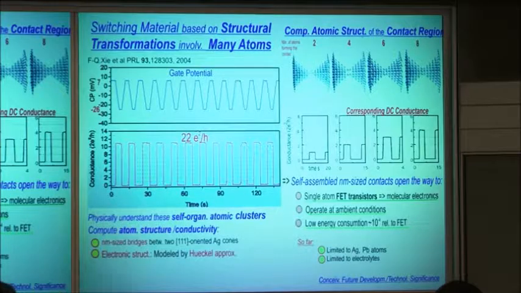Now, in order to understand that a little bit better, what we have done is we have computed the atomic structure of this channel in the gap between the two electrodes, assuming that we can, in a simple way, represent the electronic structure by a Hückel approximation, and assuming that the silver grows in a 1-1-1 direction, because that's the preferred direction of growth of silver.